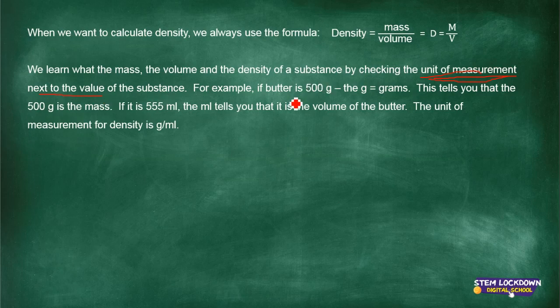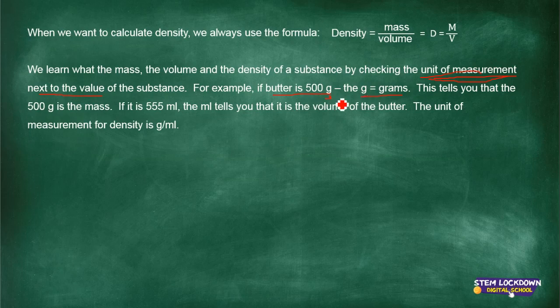Okay, so for example, in the example we used yesterday, we said butter is equal to 500 grams. So this G here is grams. So when you see G, or kg, or any form of weight unit of measurement, the two most popular ones are grams, which is G, and kilograms, which is kg.